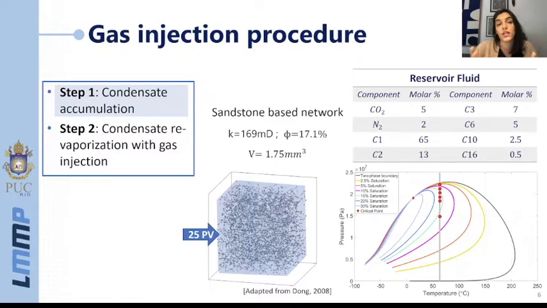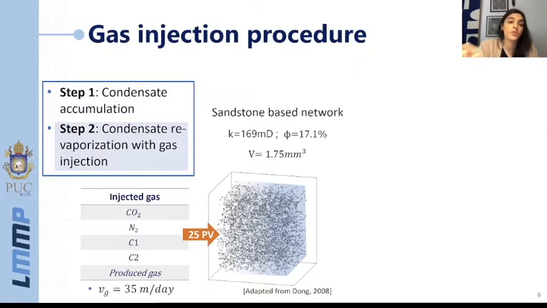Then, after the condensate had accumulated, we moved to step number 2, which involved the injection of also 25 pore volumes of one of those gases here that could be either carbon dioxide, nitrogen, methane, ethane, or produced gas. And in this step, we always injected gas at the same flowing velocity of 35 meters per day.